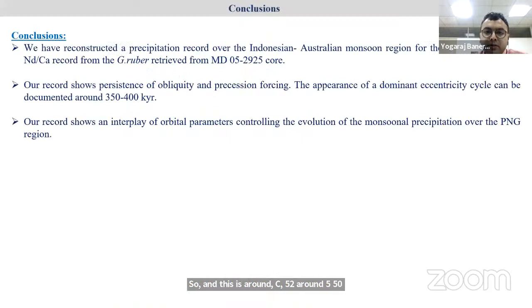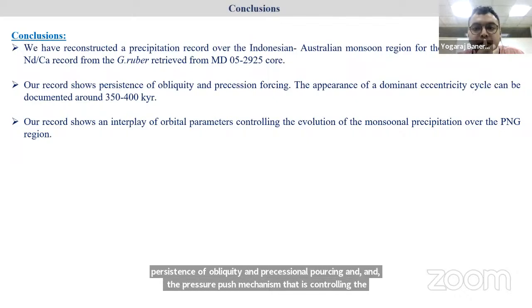So we have reconstructed around 600 kilo year of monsoonal precipitation history using the Globigerinoides ruber neodymium by calcium record from the ND 0529254. And throughout our record, our record shows a persistence of obliquity and precessional forcing, and the pressure push mechanism that is controlling the precipitation over this region.